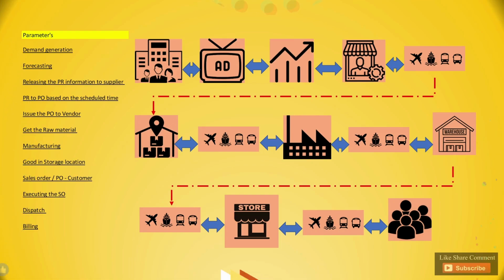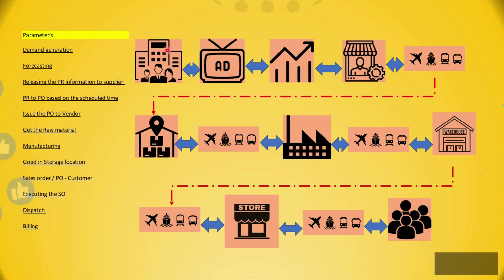Now if you compare the right corner of the slide, so we are in one company, and let me take the highlighter over here. So we are in one company and we have planned to create the demand into the market. So what we will do, we will give the TV ad for the product.